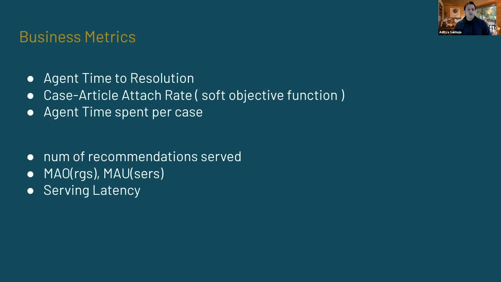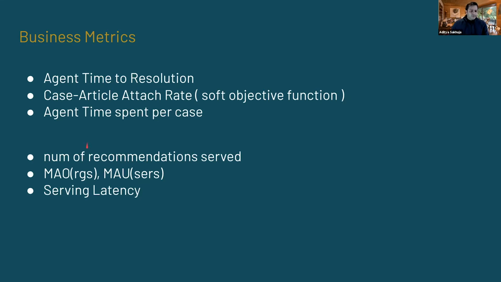Then we also want to track the time spent per case. Even though there might not be a resolution, we want to improve on the time spent, so that the agent is able to move on to the next one if they are not able to completely resolve the case, and increase the throughput. So that's another key metric.